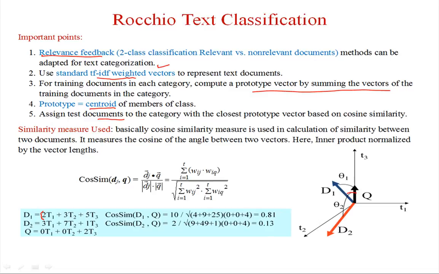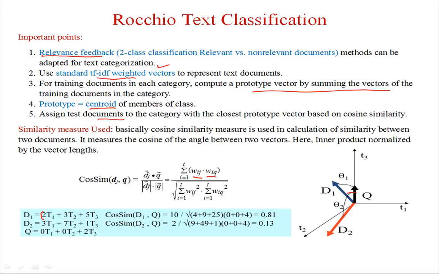Here in query Q, the number of term T1 is 0, the number of term T2 is 0, but two terms match with T3.